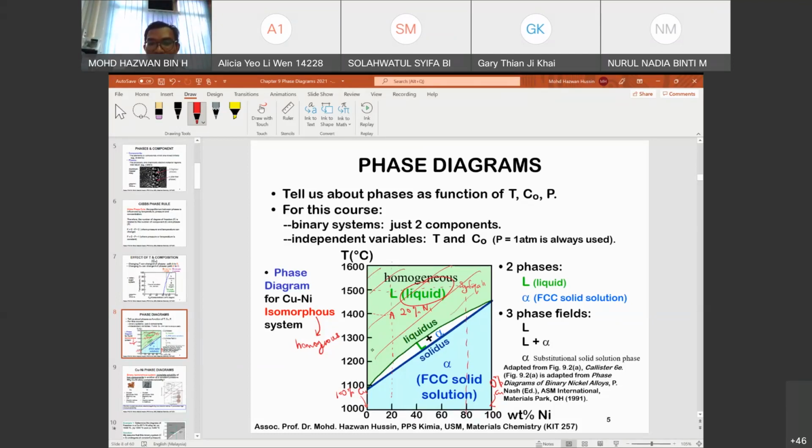If I put point B over here, at the composition of 60, probably at 1300, so what will be the phase?